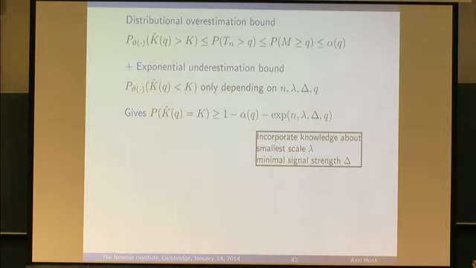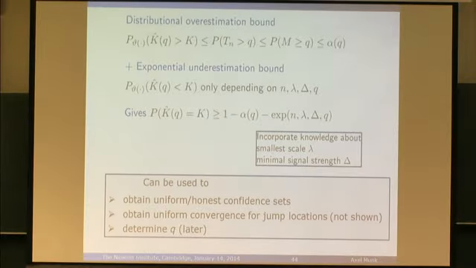Okay, so to sum up, we have control of overestimation of the number of jumps. We have control of underestimation, but the underestimation control is such an exponential bound which depends on the smallest scale and the smallest jump size on that scale. And more refined inequalities are possible, but I will not go into detail here. It becomes very technical.